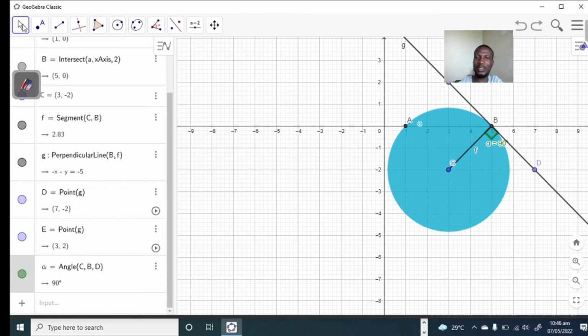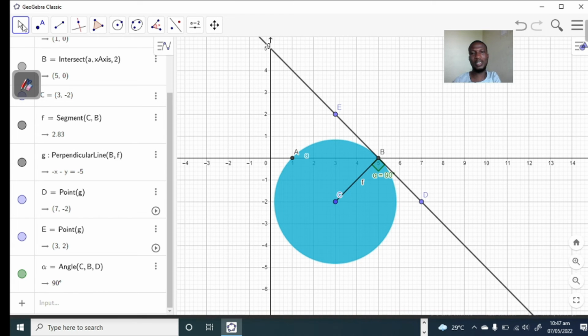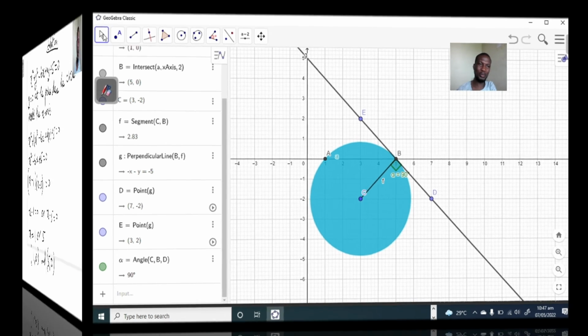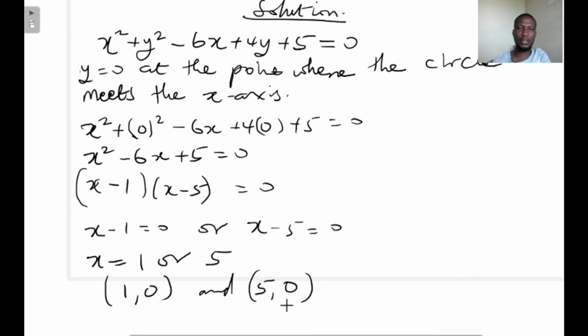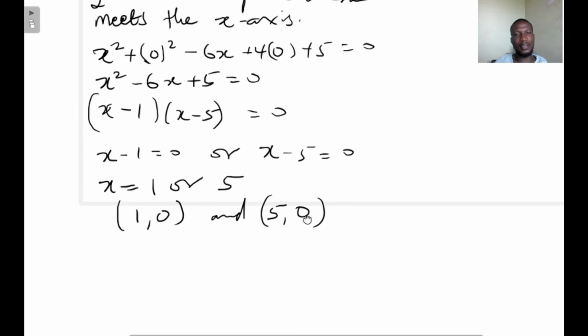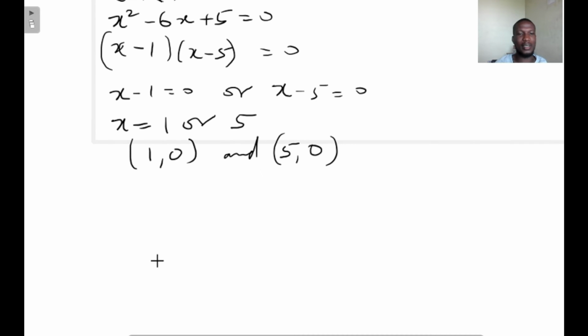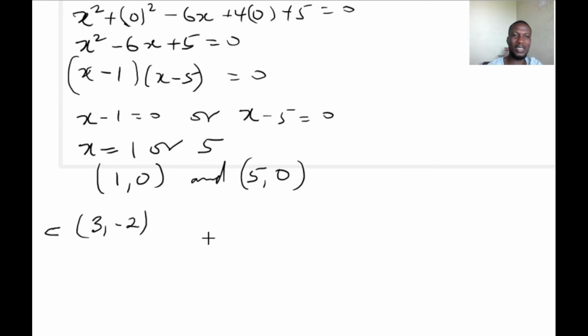We'll now get the gradient of this radius. So I'm going to find the equation of this tangent. Let's go back to our calculation. Now I am using, according to the diagram, the point B. Since I'm using this point and the center of the circle, I will just rewrite the center here; I don't need to calculate it again.